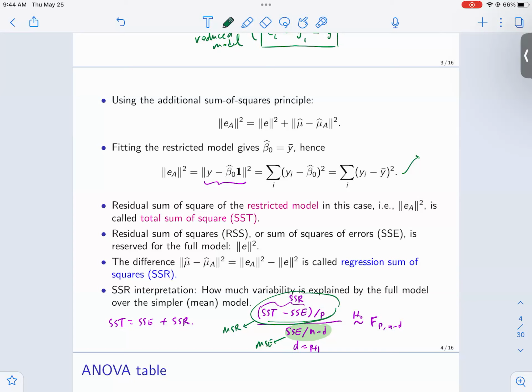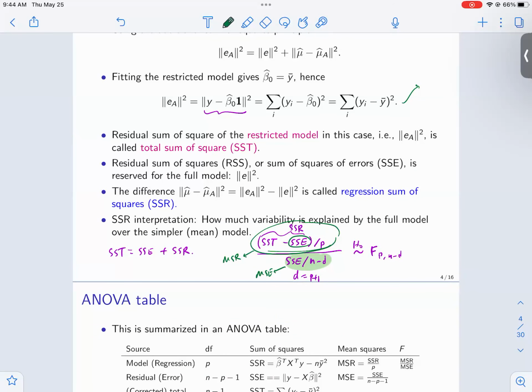So SSE for this particular reduced model is what other people call SST. And so the F-test would be SST minus the SSE of the full model, which has another name, which is called SSR.